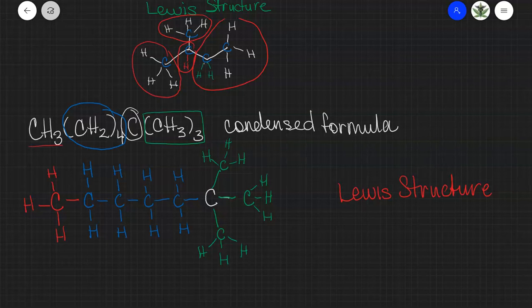So this is our Lewis structure for the above condensed formula.